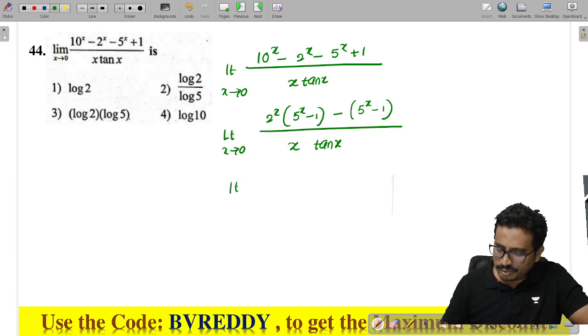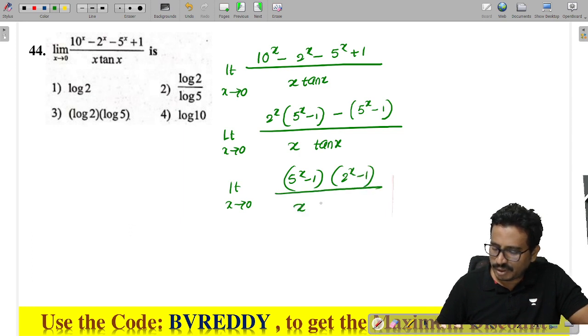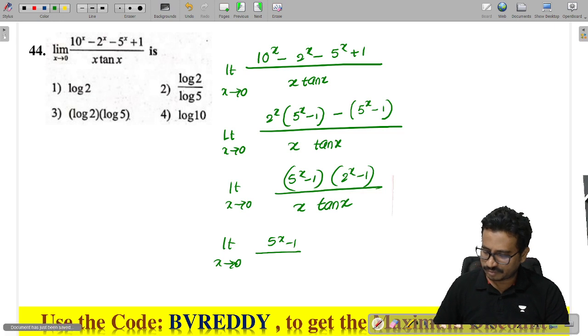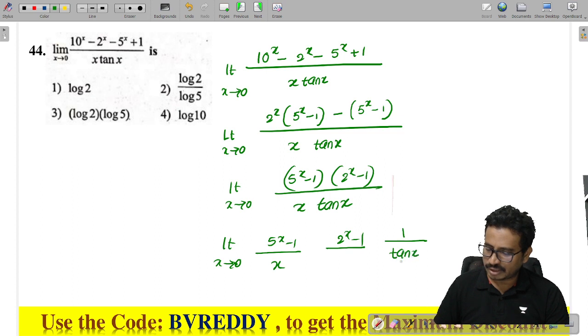Now let us do this factorizations here. X tends to 0, so this is 5 power x minus 1 into 2 power x minus 1 by x into tan x. X into tan x. Now which we can split it as limit x tends to 0. So this is 5 power x minus 1 and 2 power x minus 1, and I am modifying this thing as 1 by tan x divided with x and multiply with x.